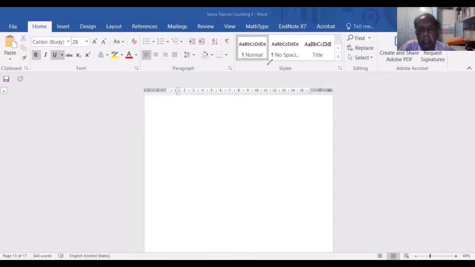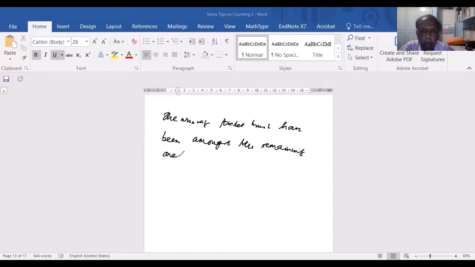So their luck was completely out because, as luck goes with gamblers, the winning ticket must have been amongst the remaining tickets. So no one won.